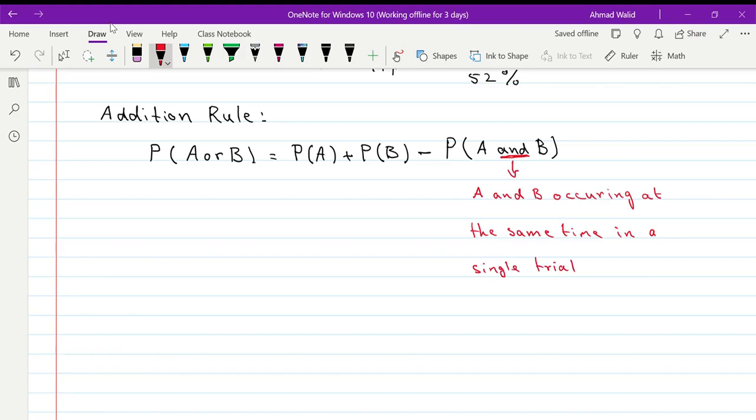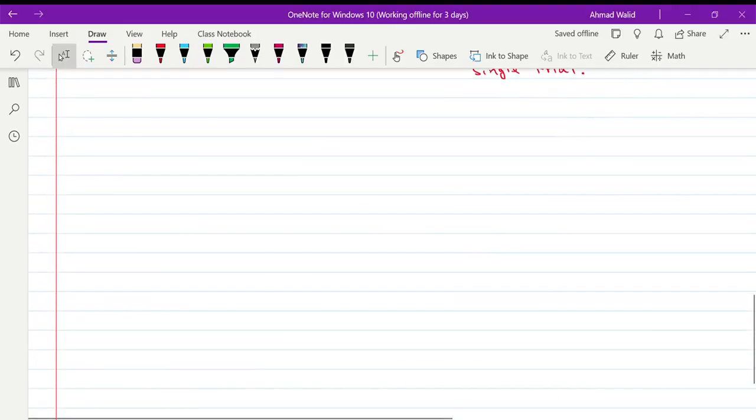Remember this, note this: and means the events A and B are occurring at the same time in one single try. Correct? Later, we will do examples for this, but let's have some more notes.